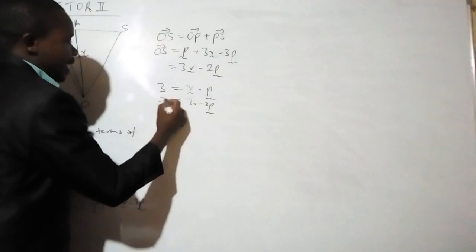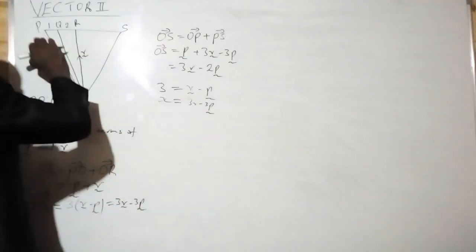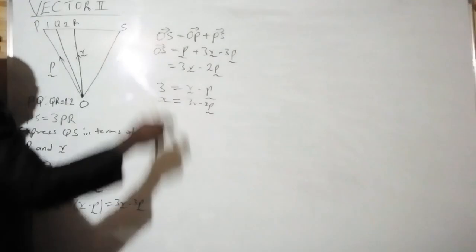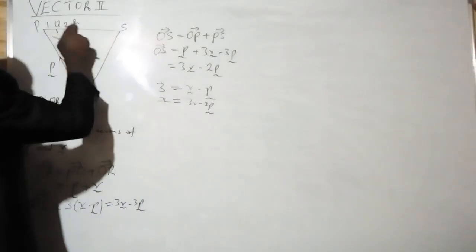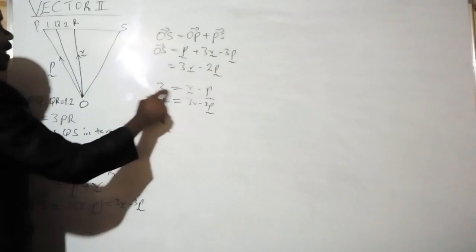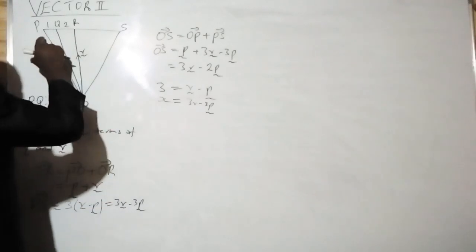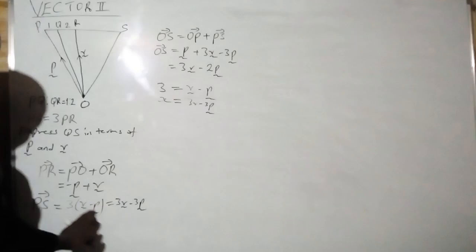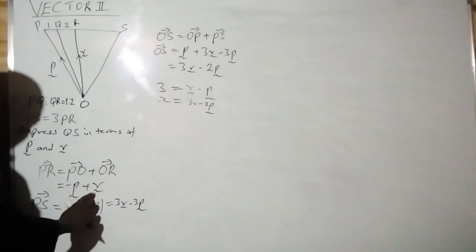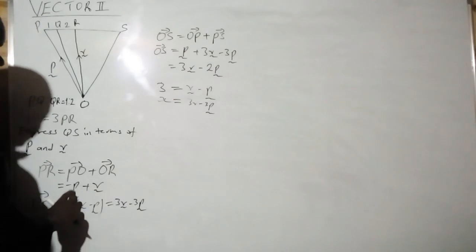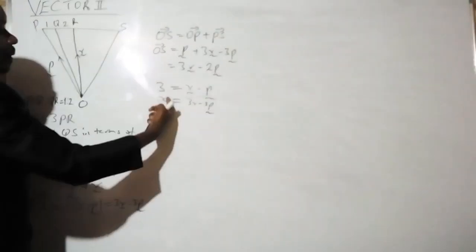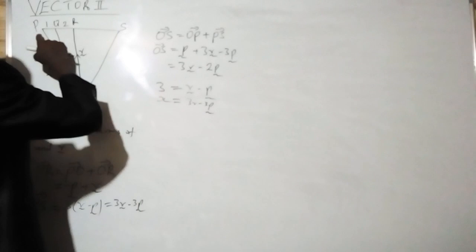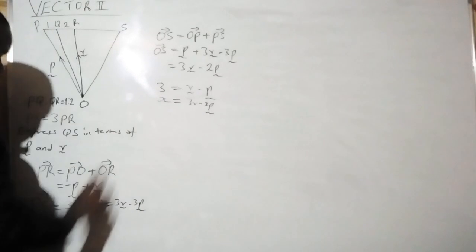From P to X in terms of the addition, 1 plus 2 PR, 1 plus 2 it's 3. But the ratio by the vector PR is equal to R minus negative P, or negative P plus R. From P to S we don't know. You can say X is equal to vector PS, it's here, 3R minus 3P.